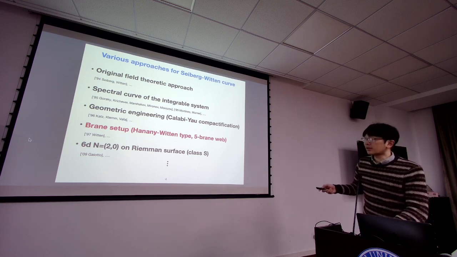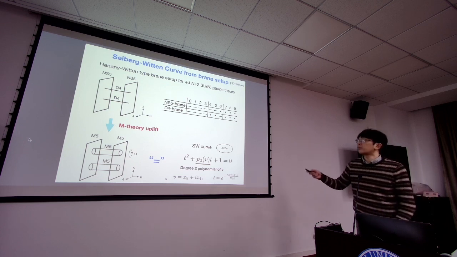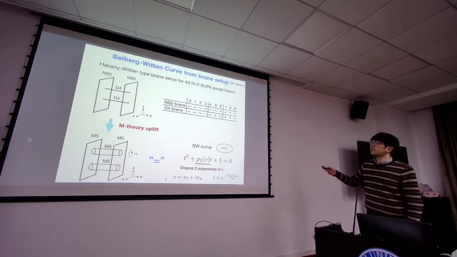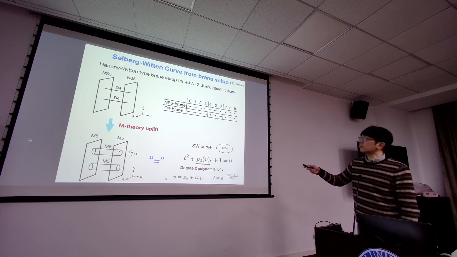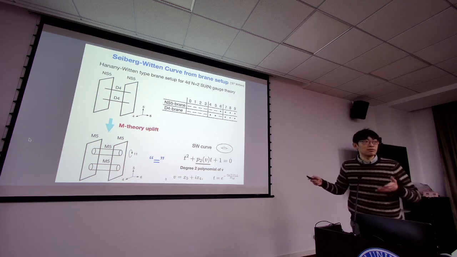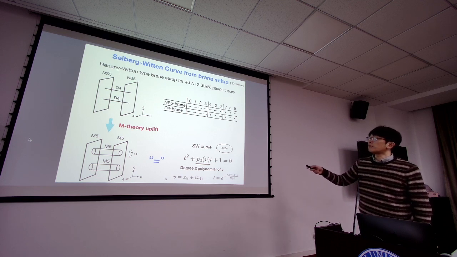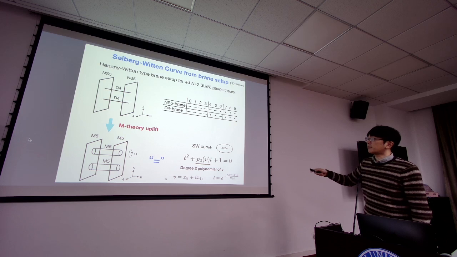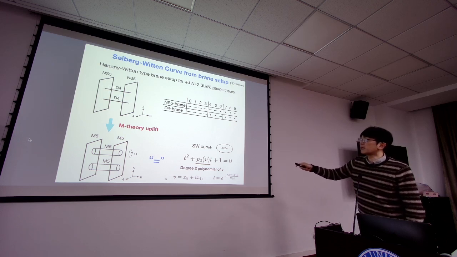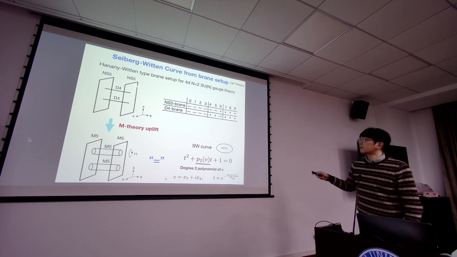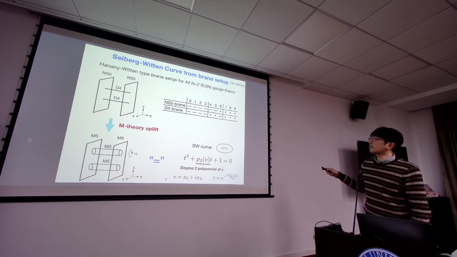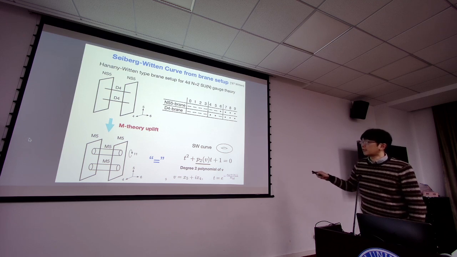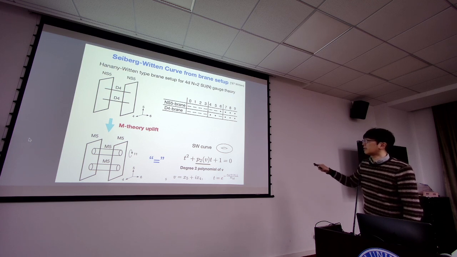This brane setup approach was discussed by Witten. How to find the Seiberg-Witten curve based on the brane setup is as follows. We first consider the Hanany-Witten type brane setup, in this example for the N=2 SU(N) gauge theory, or in this picture actually SU(2) gauge theory because I wrote 2 D4 branes. The N=2 SU(N) gauge theory is constructed from 2 NS5 branes and N D4 branes extending in this direction.